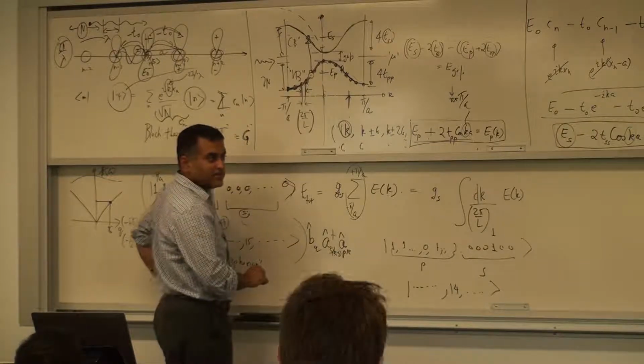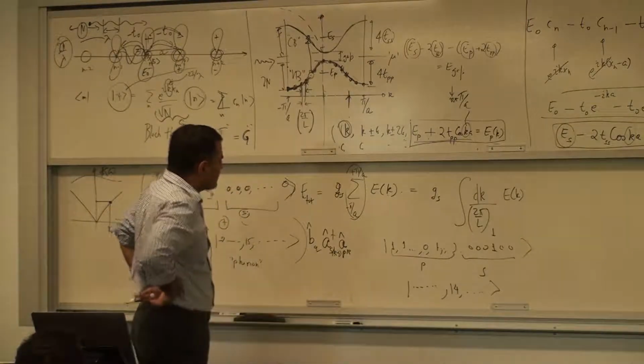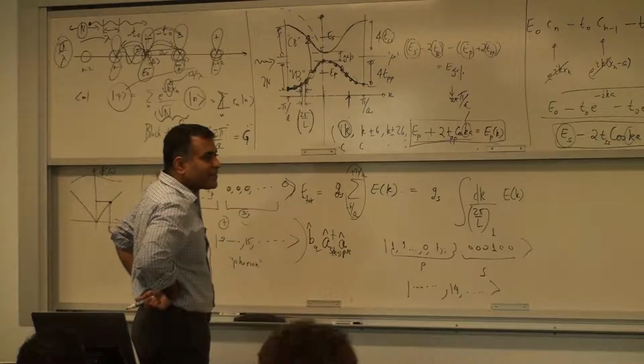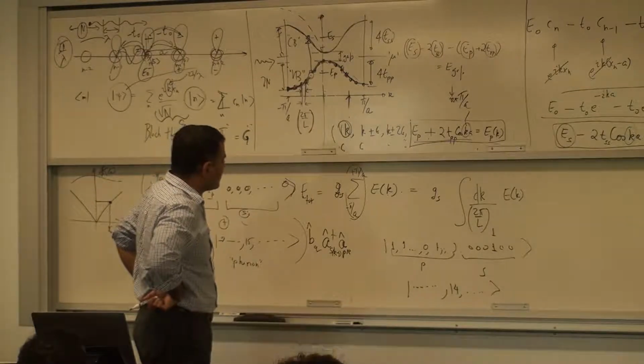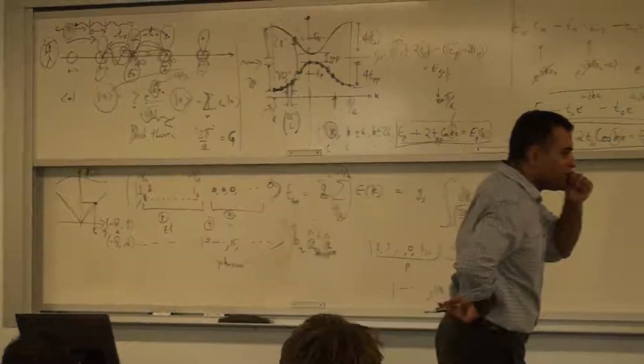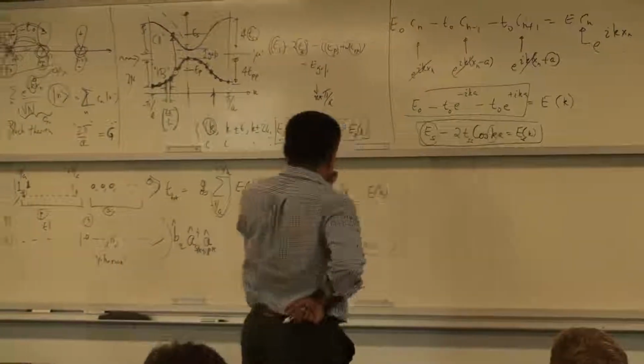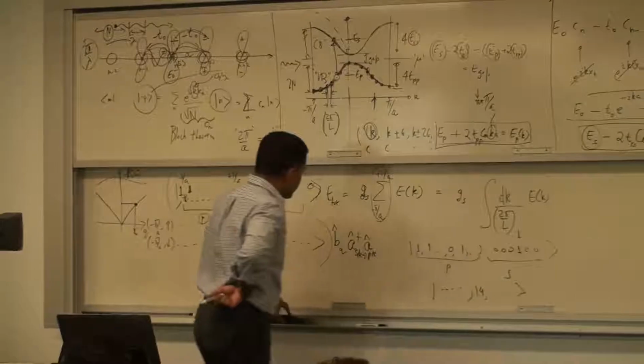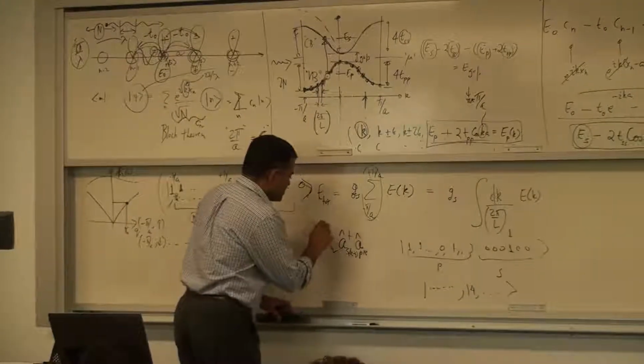Wait, why wouldn't the first two be B's instead of A's and the third one be a C? Say it again? Why would the first two be A's and not B's? Because you're annihilating the phonon? Oh, okay. So here's a good question.